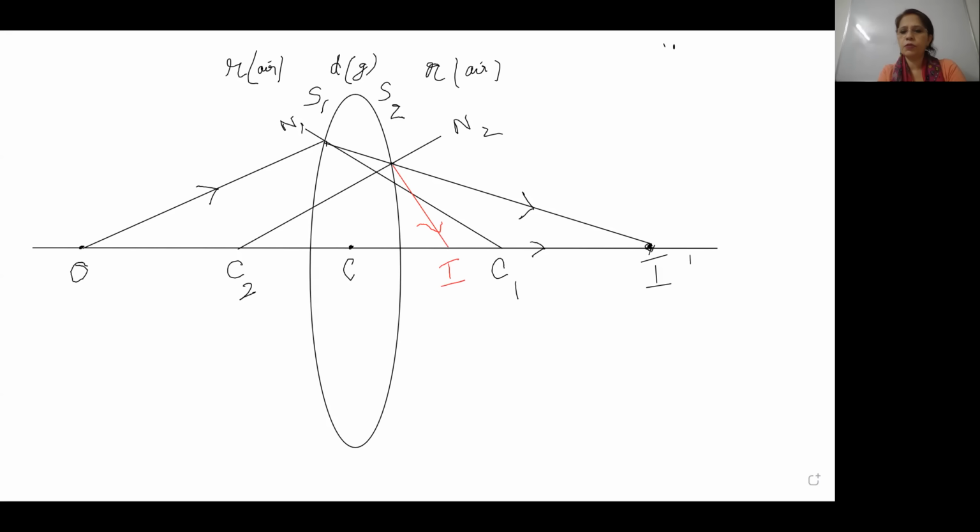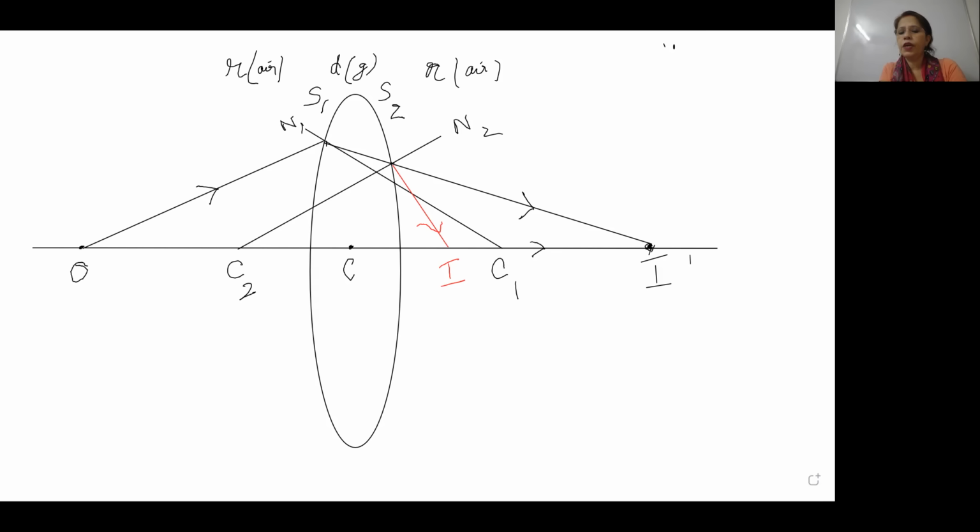I hope it is clear. Once more, I will be explaining. See, we place the point object O, then the ray, incident ray, it struck the surface S1. After that, it went here, towards the normal, see, and then it struck the principal axis at this point, and the another ray went without refraction, simply passing through the optical center, and then these two rays met at this point and the image is formed at I dash, and this becomes the object for the second refraction.